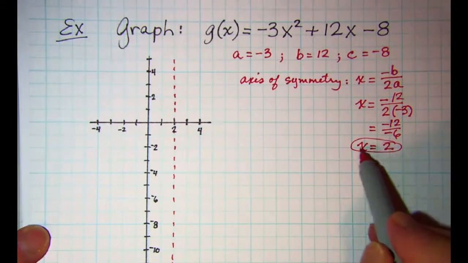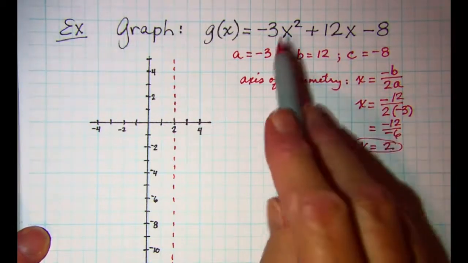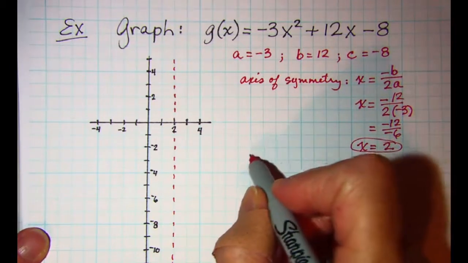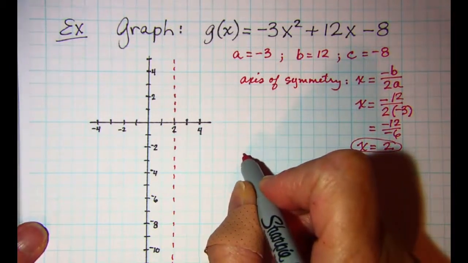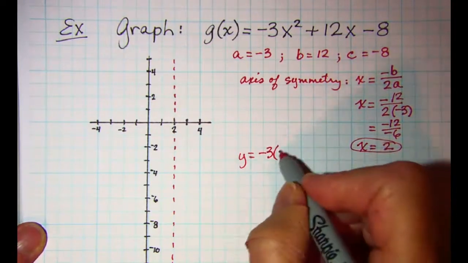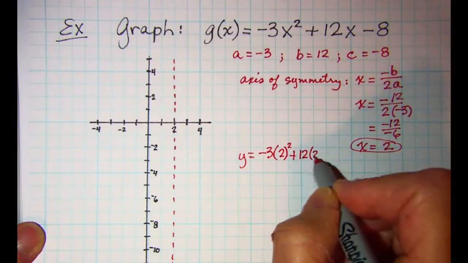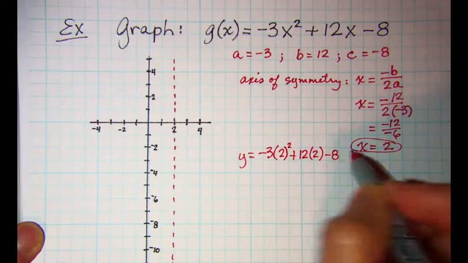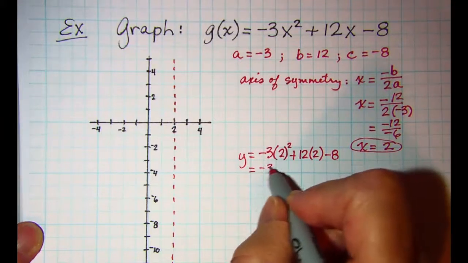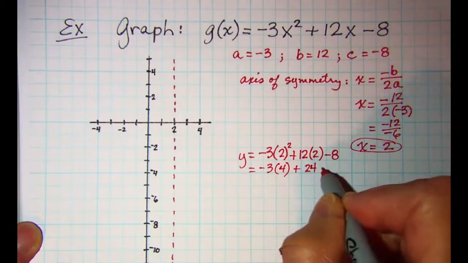Then, since our vertex is on the axis of symmetry, we just need to put 2 back into our equation to find the y value of the coordinate of our vertex. So y is equal to negative 3 times 2 squared plus 12 times 2 minus 8. Y is equal to negative 3 times 4 plus 24 minus 8.